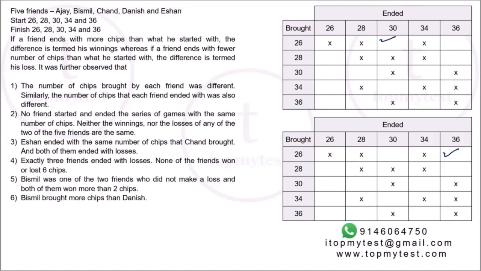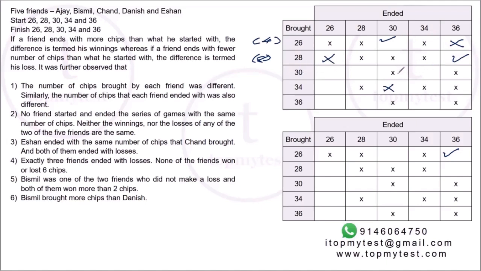Now, 26 ended up with 30, so he cannot end up with 36, which means the only person who can end up with 36 will be 28. So his profit is 4. His profit is 8, right? The other 3 will make losses. So this cannot end up here. This cannot end up here.